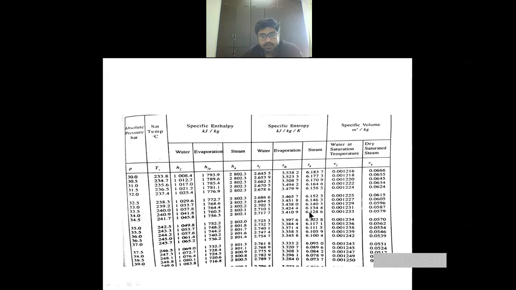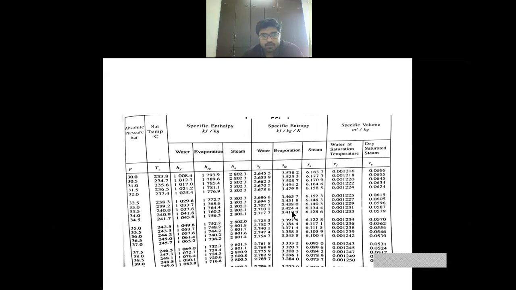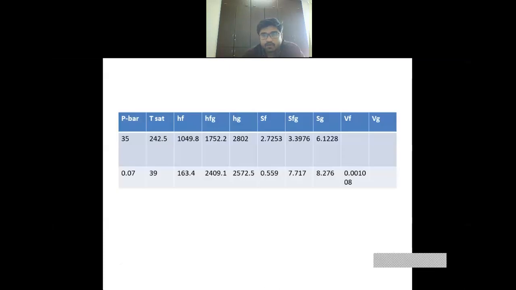And the second pressure was our 0.07. For 0.07 also, you can see saturation temperature, HF, HFG, HG, SF, SFG, SG, VF and VG. So all the data you have to collect from the steam table, and make one separate table for that specific pressure. Clear?